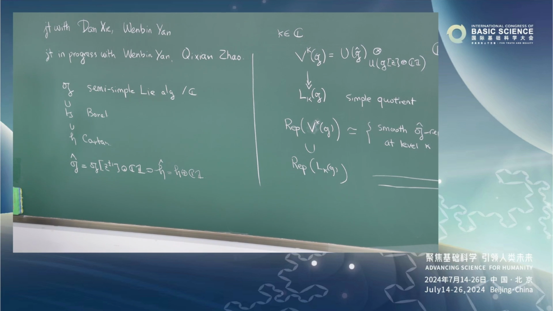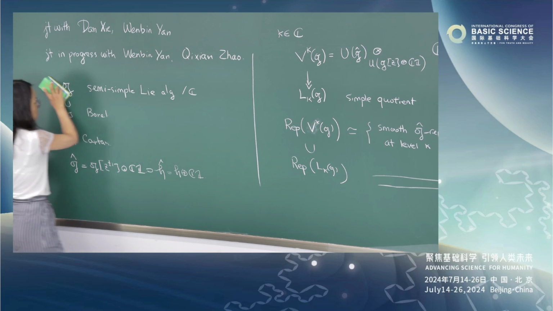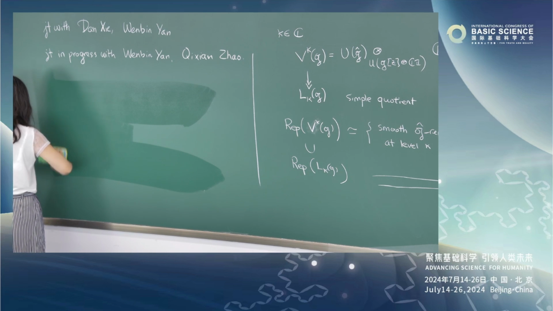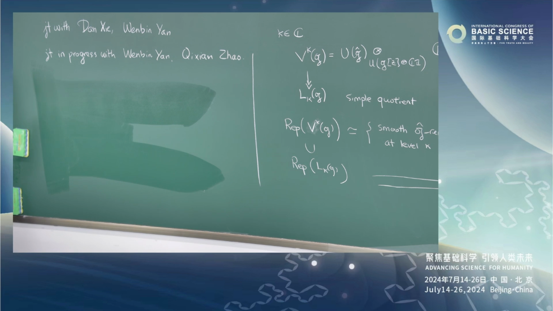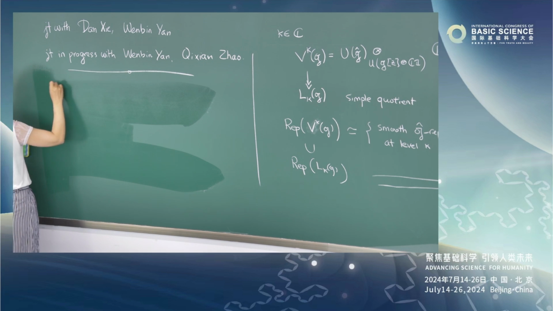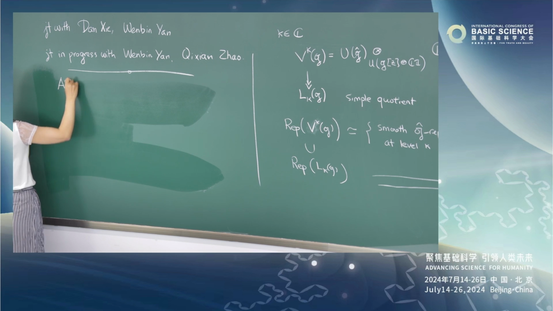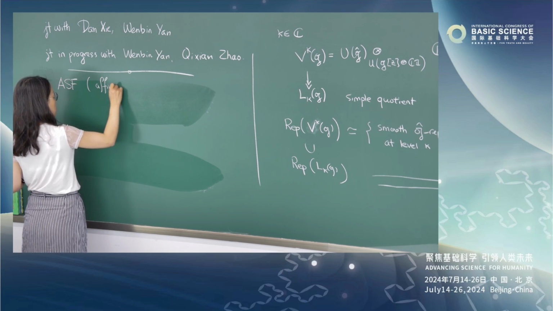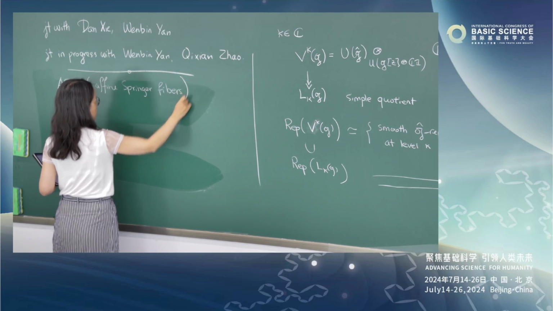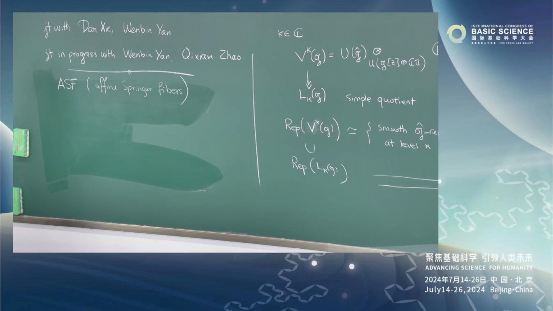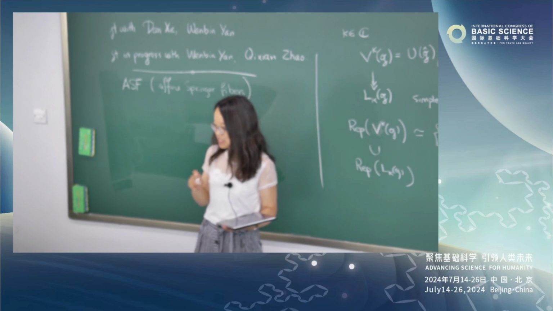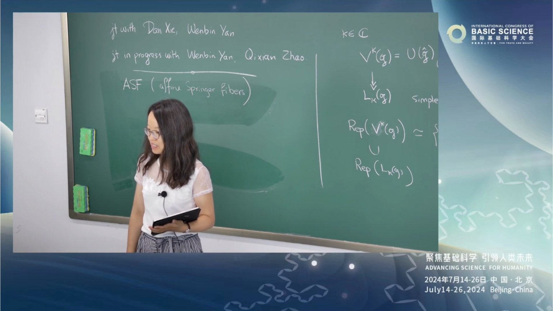And now from there we want to make a link to affine Springer fibers. I'll just write ASF for affine Springer fiber. The Cartan is the finite Cartan plus c times the central element.